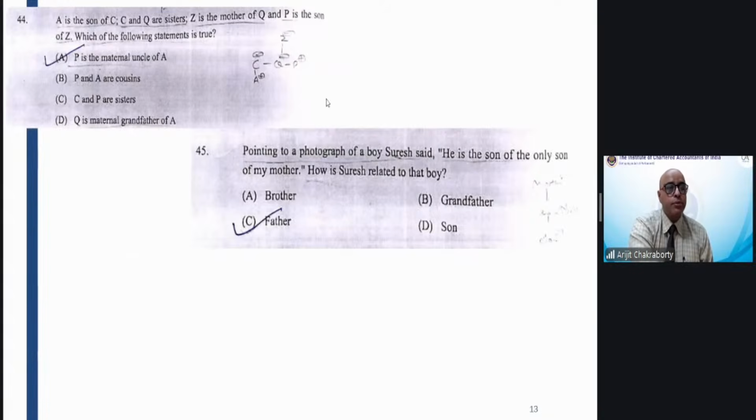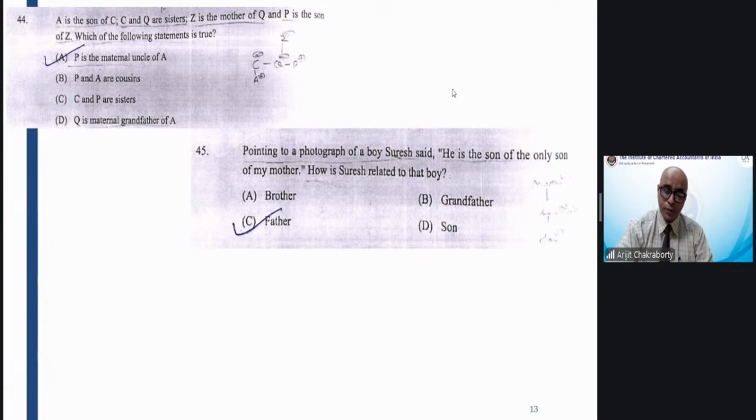We come to the 44th question now, and let us see this question. A is the son of C. So A is male. C and Q are sisters, that means both are female.